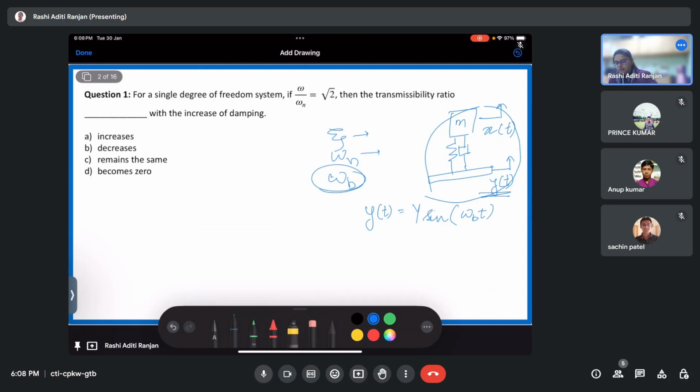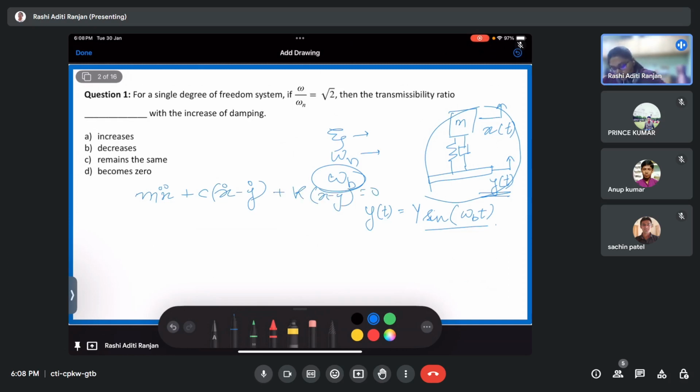In that case, I guess you people know that the equation of motion will be m x double dot plus c times x dot minus y dot plus k times x minus y is equal to 0.